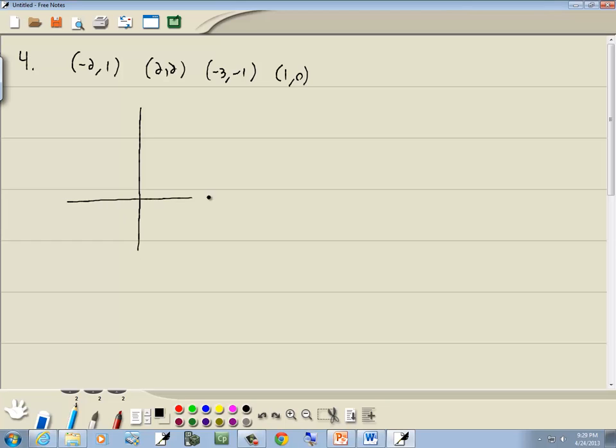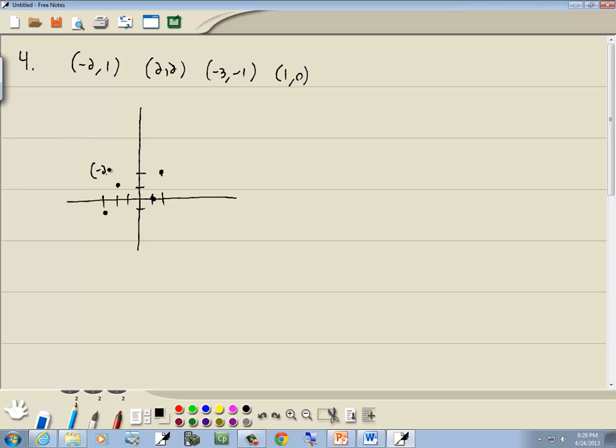Okay, so we got (-2, 1), which is right there. (2, 2), which is right there. (-3, -1), which is right there. And (1, 0), which is right there.